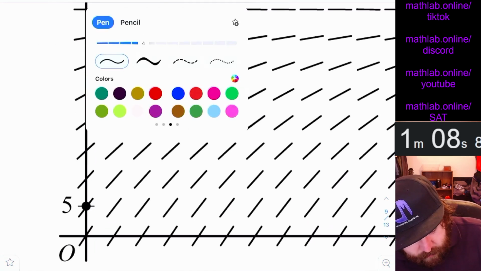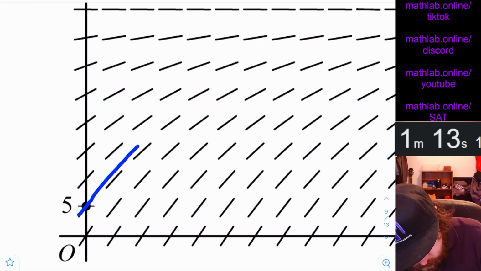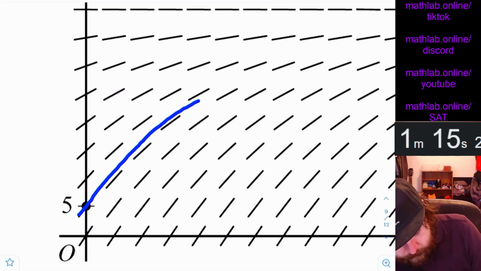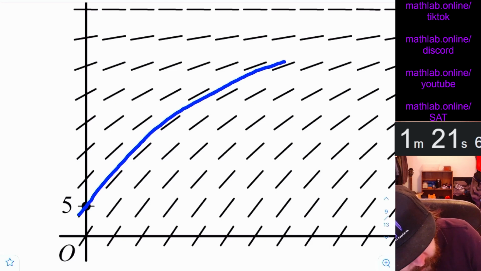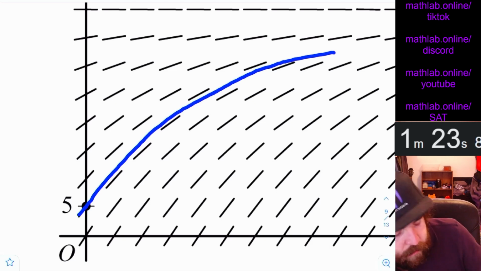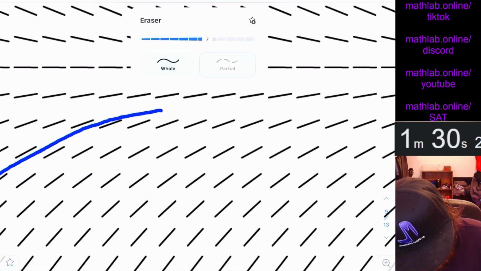Let's change colors. So you can cross them like that. It's just that while you're going over them, they always have to be parallel. Let me do a little partial erase here.